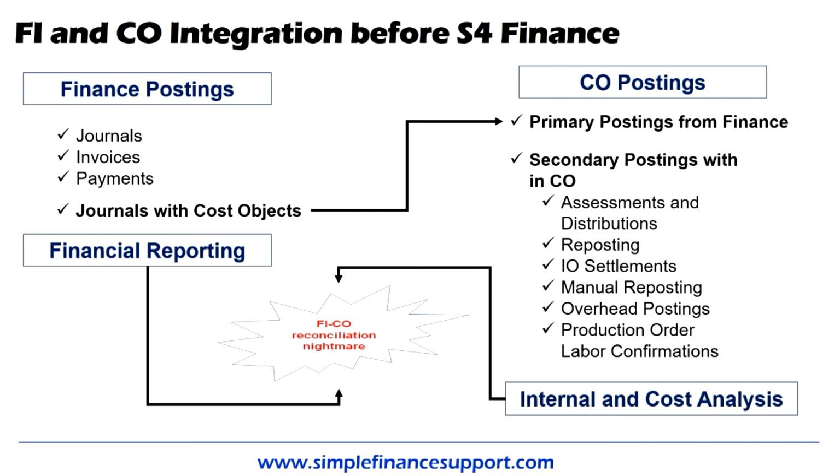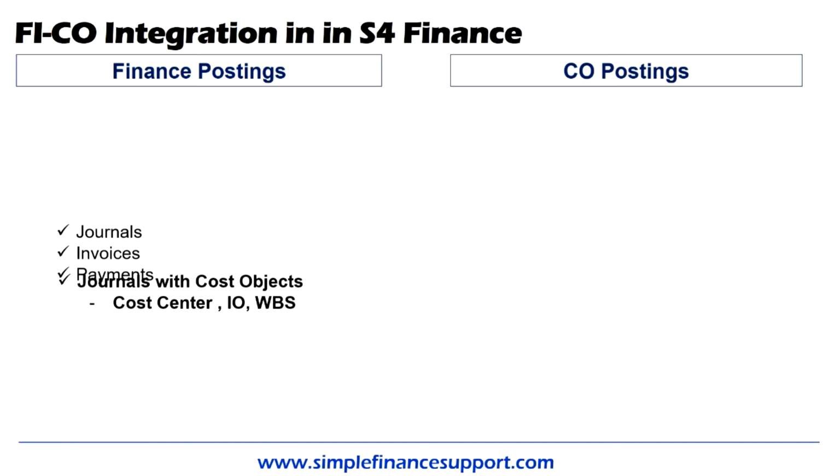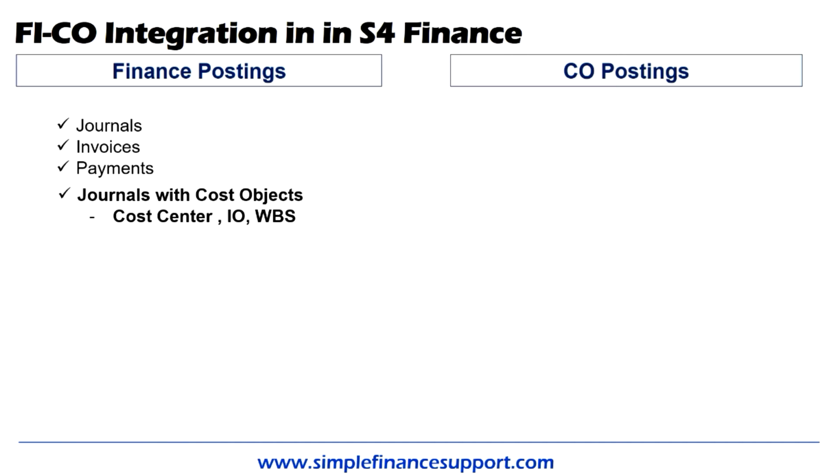So this nightmare is removed in S4, the new version of SAP. So let us look at FICO integration in S4. Again, there is no change as far as the journals are posted: journals, invoices, payments. The invoices can be any invoice, like vendor invoices or customer invoices.